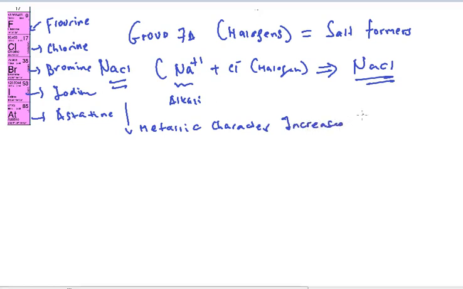A good example is if you compare fluorine versus astatine. Astatine is here, it's a radioactive element, versus fluorine which you have here on the top. Fluorine is a nonmetal, astatine is a radioactive element. All the halogens are typical nonmetals, and I just want to let you know that they are diatomic molecules.